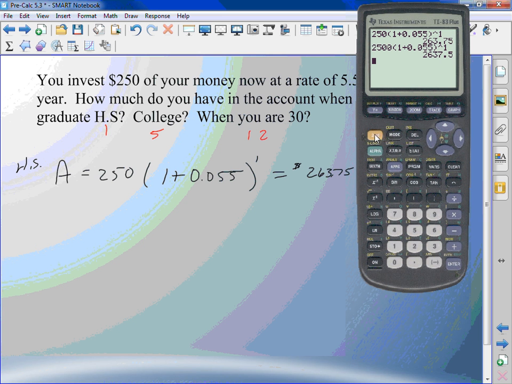How about if I had enough money to put in 25,000? How much money did I make? $1,300. So you're just going to go up, and every zero you add, you add another zero to how much you make. The more money you put in, the more money you make.